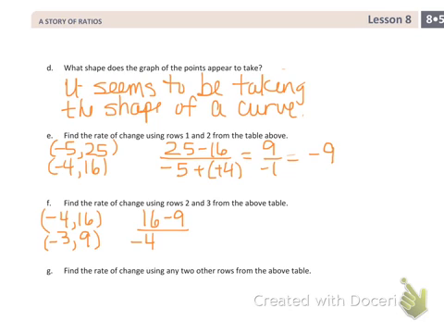This would be negative 4 minus a negative 3. 16 minus 9 gives us 7. No, sorry. 16 minus 9.